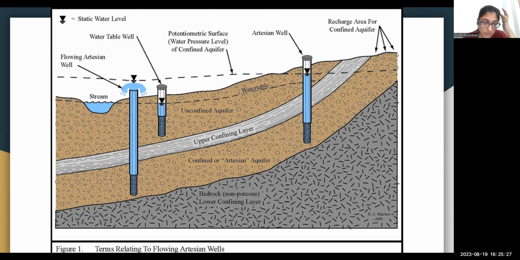It is unsaturated zone. Option C. Again, Hydrus model. Okay, that can also be the answer. You're right.